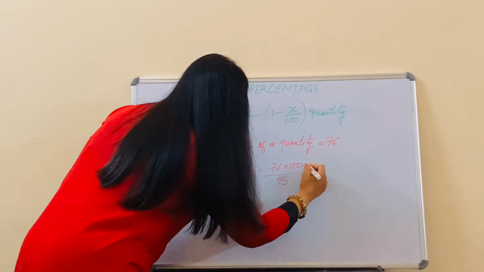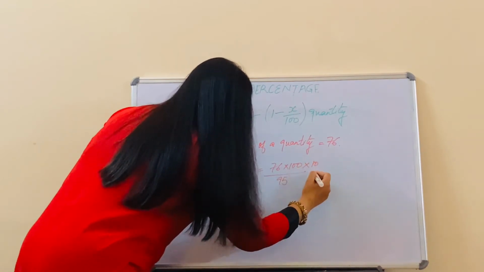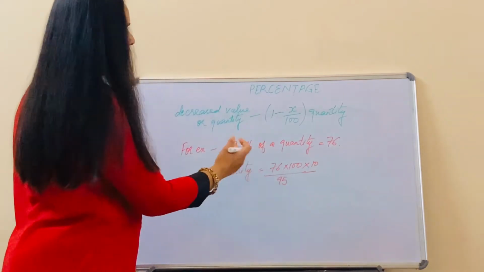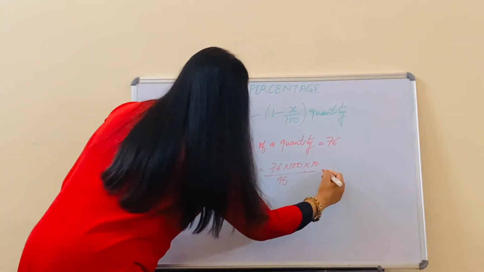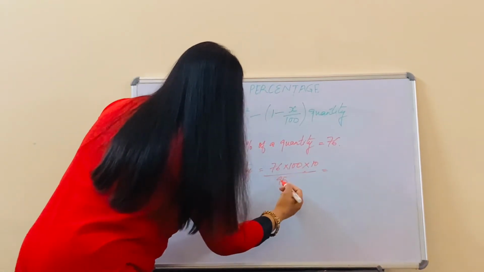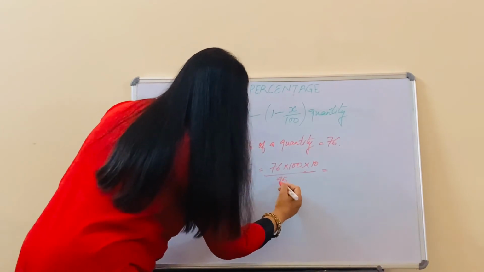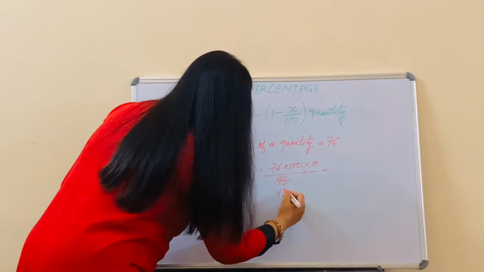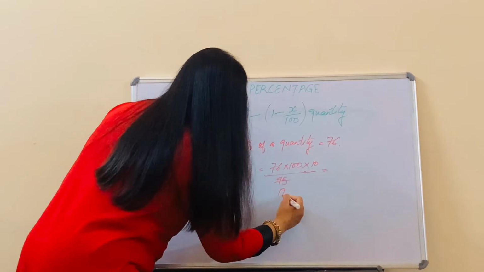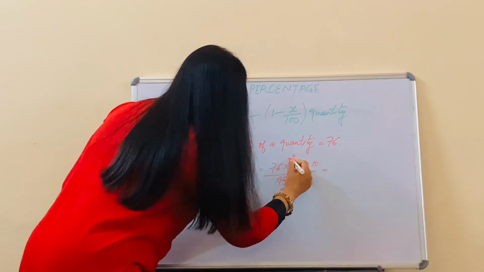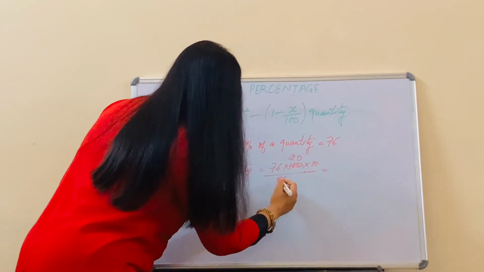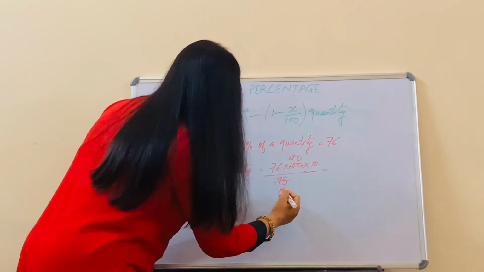Removing the decimal, we'll multiply the numerator with 10. Simplifying it, cancel out with 5. 5 ones are 5, 5 nines are 45... 19 and 76.